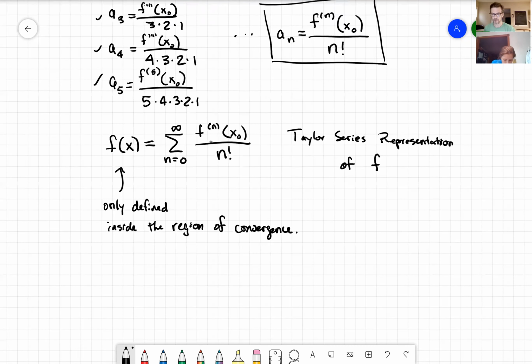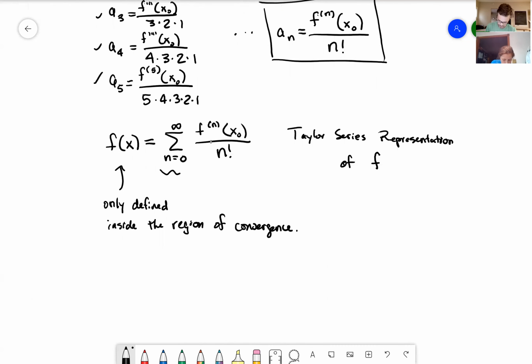Because outside of that region, we don't define this power series as actually having a value. If it doesn't converge, then we're not going to say that it's equal to anything.